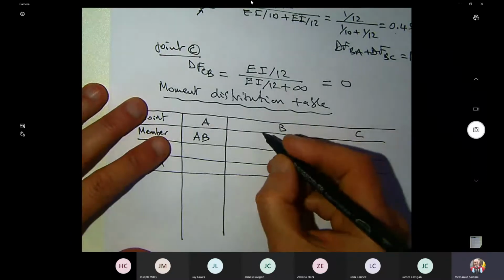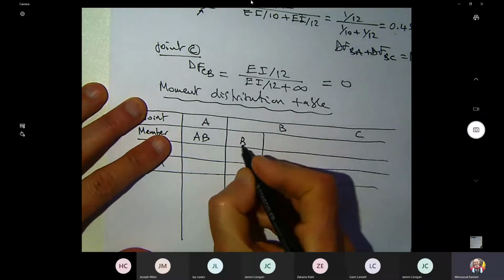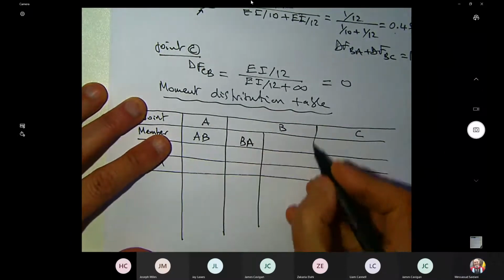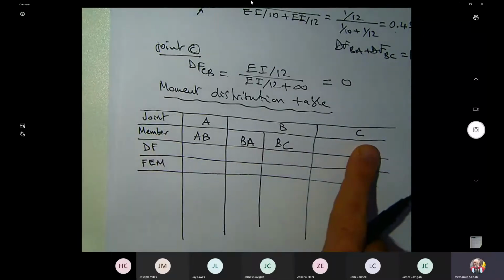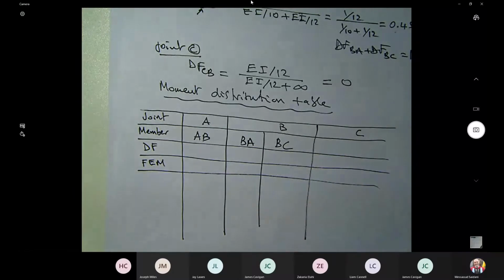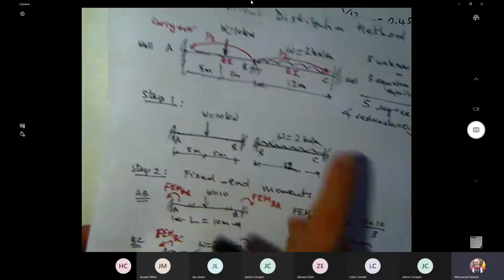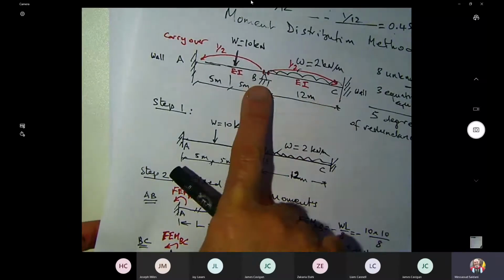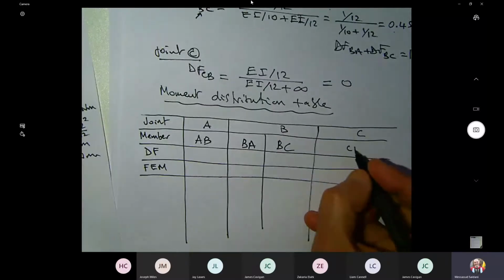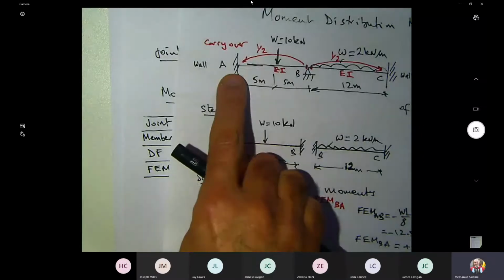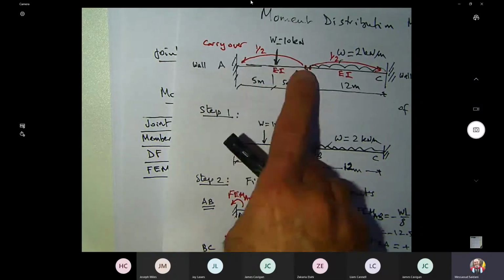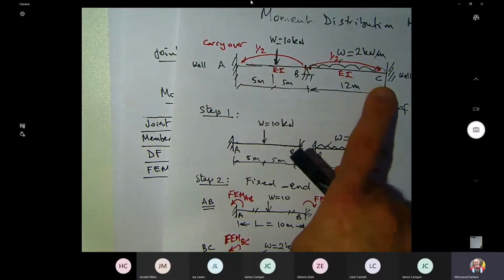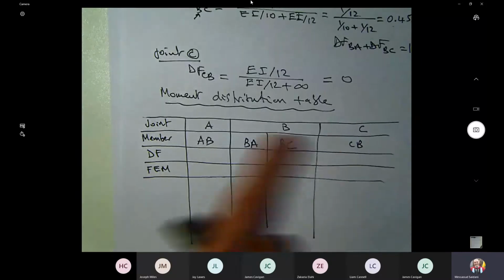We have BA and BC. You agree? And finally, for joint C we have only 1 member, CB. So joint A has AB, joint B has BA and BC, and joint C has only member CB.